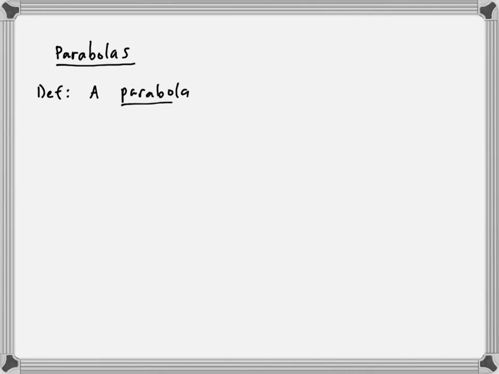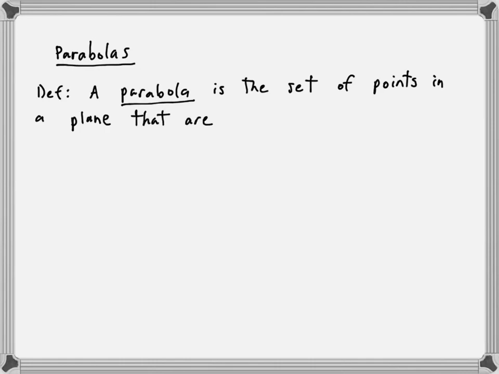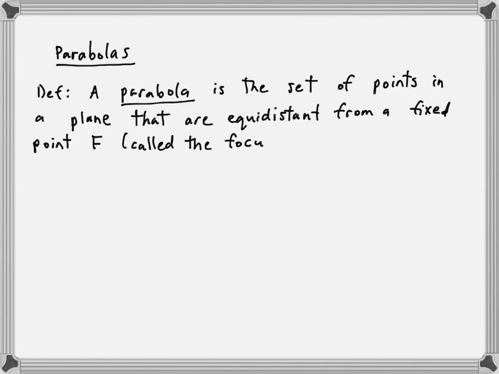A parabola is the set of points in a plane that are equidistant from a fixed point F called the focus and a fixed line L called the Directrix.